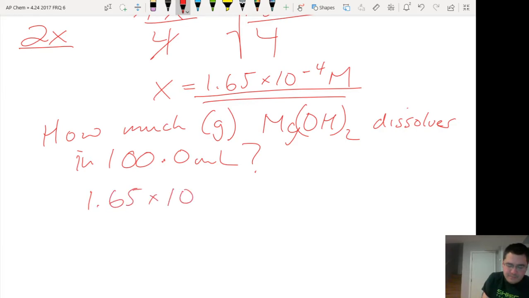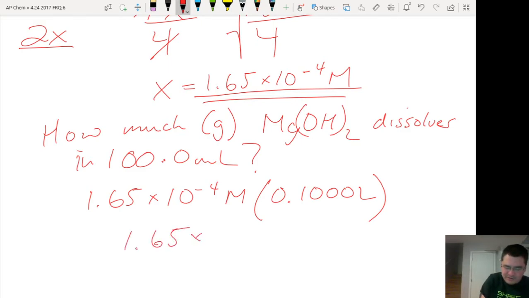The liter. Yep. So then Savannah was about to say it. How many liters am I going to multiply it by? 0.1. Yep, 0.1. So it basically moves my decimal place one more time. So I end up with 1.65 times 10 to the minus 5 moles.